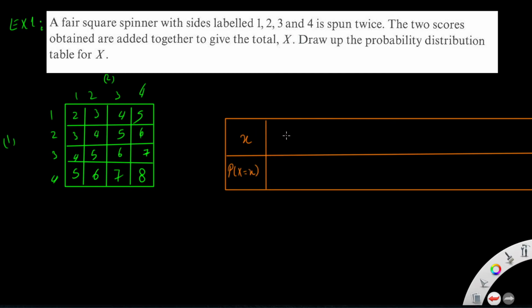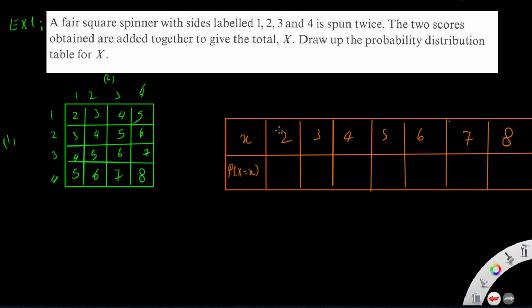Now the possibilities we have are 2, 3, 4, 5, 6, 7, and 8, so I need 7 columns. So I list all possibilities. We have 2, 3, 4, 5, 6, 7, and 8.